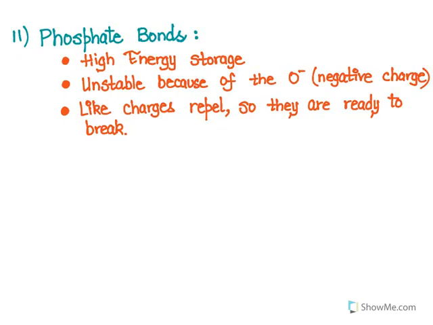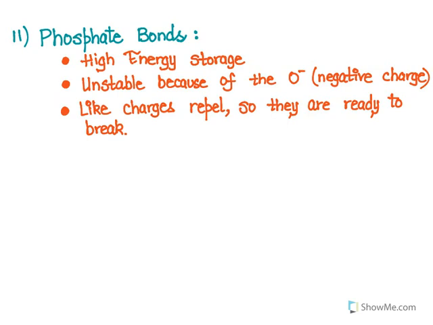Now we will take a look at how the energy is released, what happens with the phosphate bonds, and how the ATP changes to ADP. The phosphate bonds are very high energy storage houses, so they have a lot of energy between the bonds. And they are also very unstable.